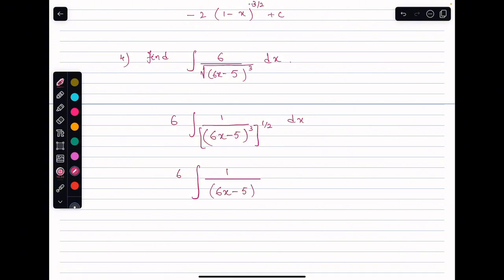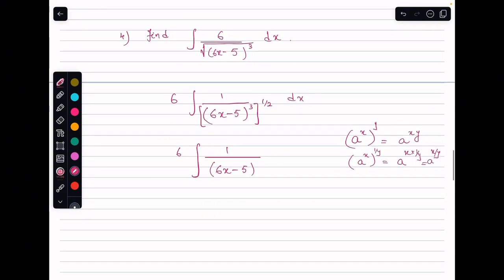Now we know that power to power, like if I have a to the power x to the power y, or first let's solve it with a y, I know that the power to power gets multiplied so that I can say that this is a to the power xy. In the same manner, if you have a to the power x to the power 1 by y, then I can say that this is a to the power x divided by y here.